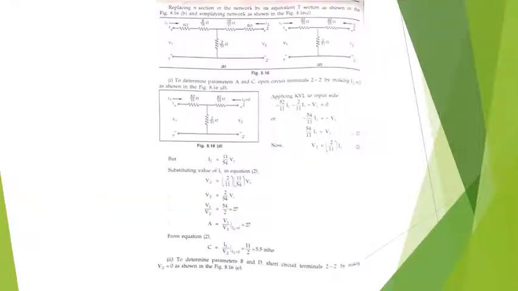So this is how it will look: 4 ohms in series with 8 by 11 ohms, 6 ohms in series with 16 by 11 ohms, and 2 by 11 ohms in the shunt arm. When I add these resistances, here it becomes 52 by 11 ohms, on this side it becomes 82 by 11 ohms, and in the shunt arm you have 2 by 11 ohms. So you can see by applying simple delta to star transformation, we have converted the network which had 3 loops into a simple 2-loop network.